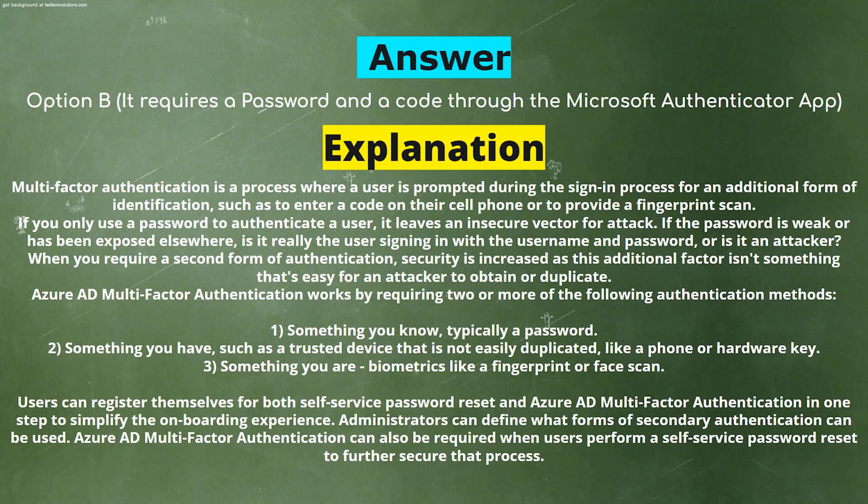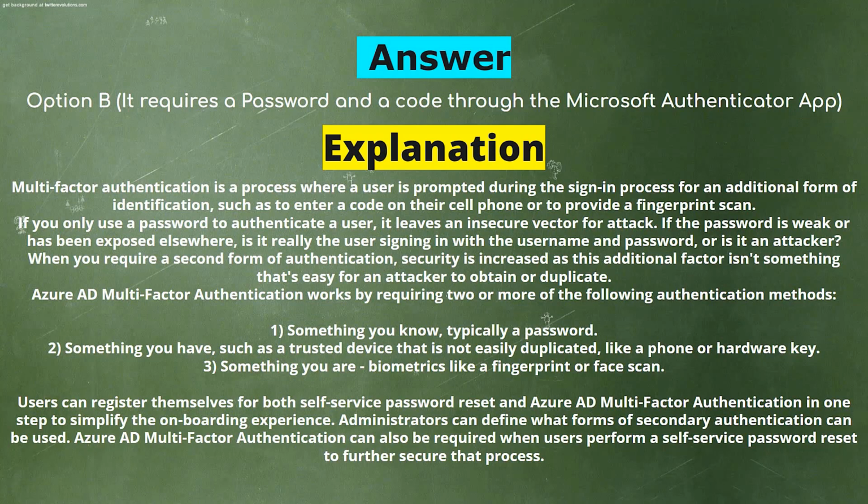Azure AD multi-factor authentication works by requiring 2 or more of the following authentication methods. Number 1, something you know, typically a password. Number 2, something you have, such as a trusted device that is not easily duplicated, like a phone or hardware key. Number 3, something you are, biometrics like a fingerprint or face scan.